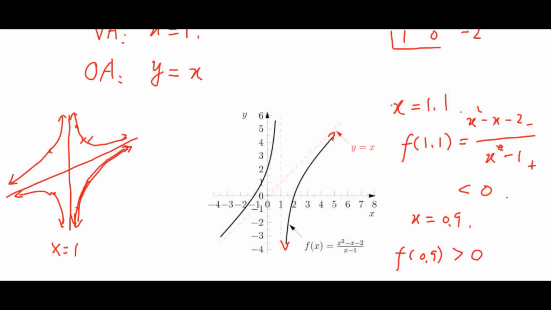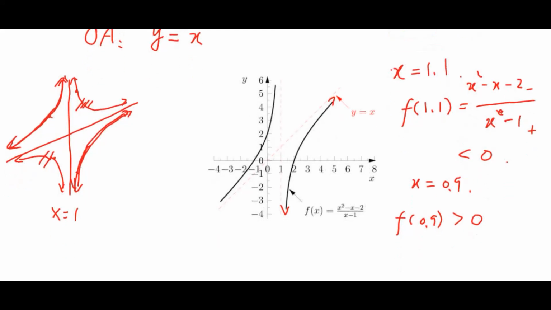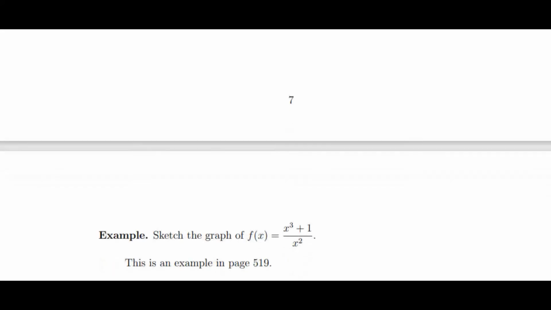So the graph should be this one, not this one. This is the way to sketch the graph of a rational function: we just determine from which way to approach those asymptotes.